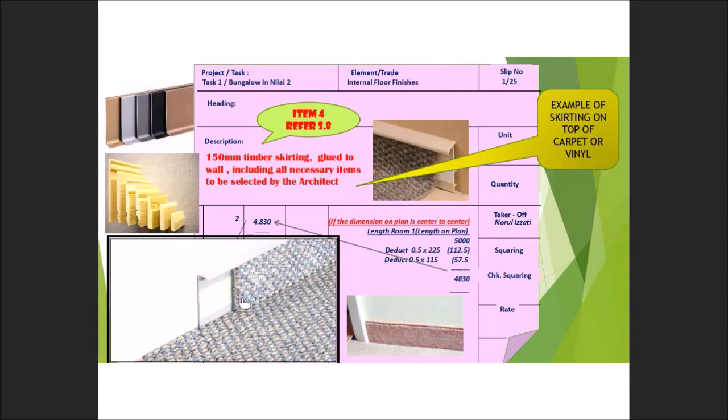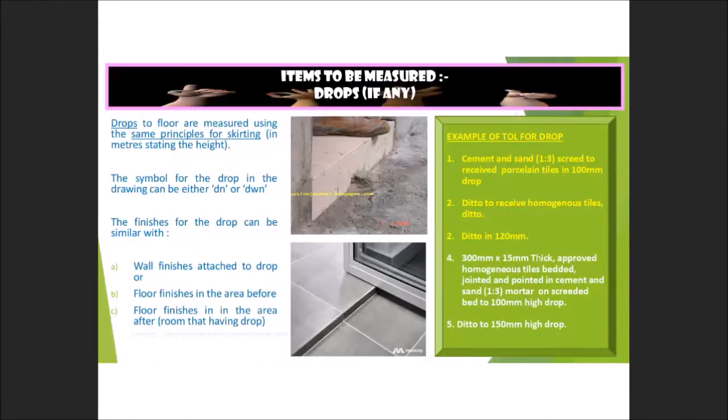Okay, but for this one, they apply both carpet and the material to support at the back. So you have to measure this one as 2 items. If they are using glue, you don't have to measure glue separately. But for this one, 2 items, this is also considered as 2 items. Okay, measure in meter, find the line.